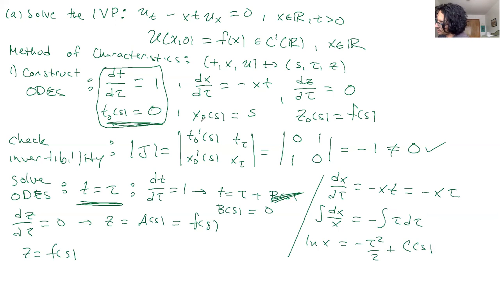So if we plug in our initial condition, then we get log of s is equal to c of s, okay? Or at the end of the day, we get log of x is equal to minus tau squared over 2 plus log of s, okay? We're running out of space here. So let me write this on the next screen, okay?